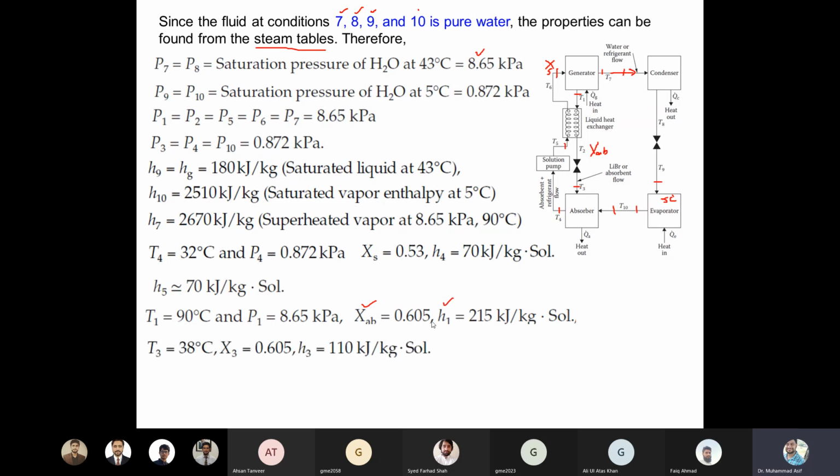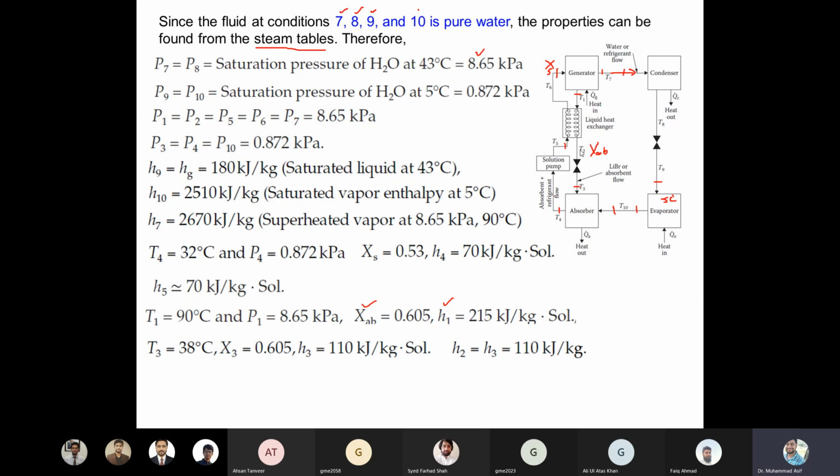And similarly for point 3, we know the temperature and the concentration, and then we can have the enthalpy as well, right? Because this X3 is the same as X absorber, the same concentration is coming. So if we know X3 and temperature, we can have the enthalpy.